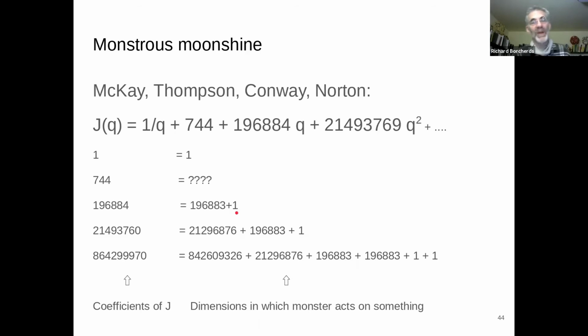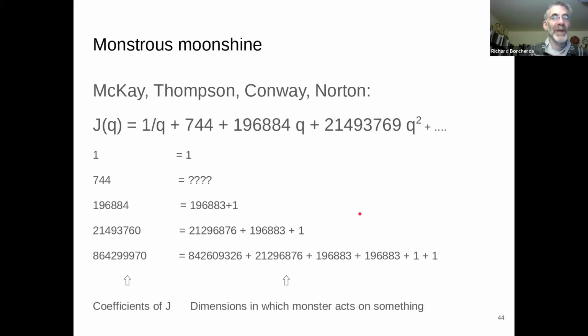Well, if that was the only information you had, you might write it off just as a meaningless coincidence. However, the next coefficient is equal to the sum of the first 3 dimensions of representations of the monster. And the next coefficient is also equal to a simple linear combination of dimensions of the monster. And at this point, you can no longer say this is just some sort of meaningless coincidence.